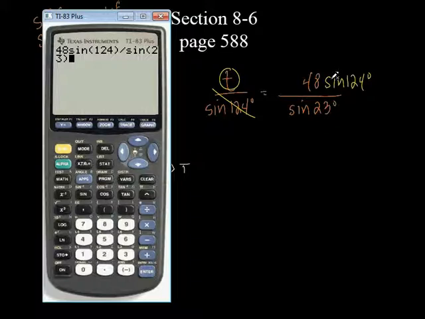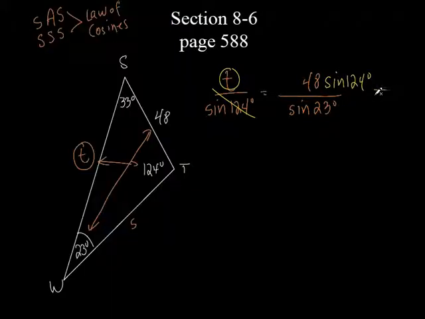You would hit 48 what? 48 times, right. Then what? Go ahead, say it, Blake. 124 sine. And then you'd have to hit what? Equals. Okay, hit the equals, because I think some of the calculators, if you hit divide, it actually figures that out, but some don't. To be safe, I would do the top, hit equals, then hit divide, and then hit what? 23 sine, and then hit equals one more time. You follow me on that? Are you getting used to that on those calculators?